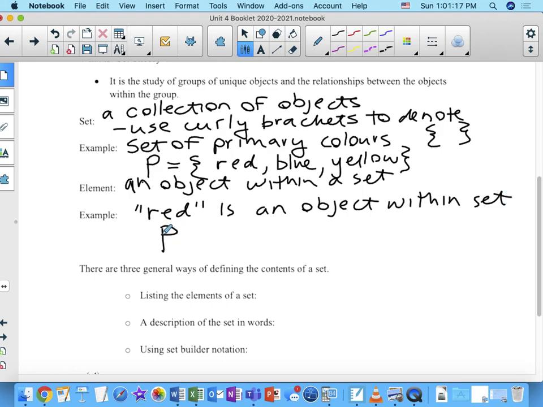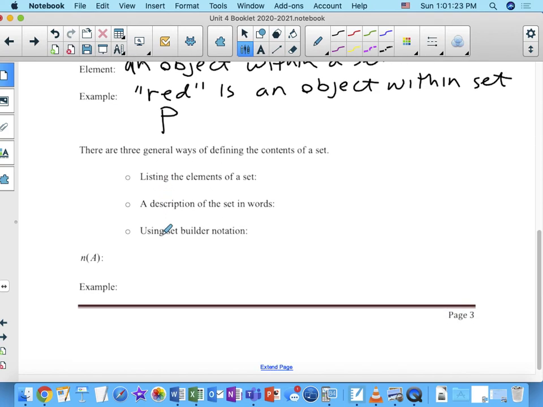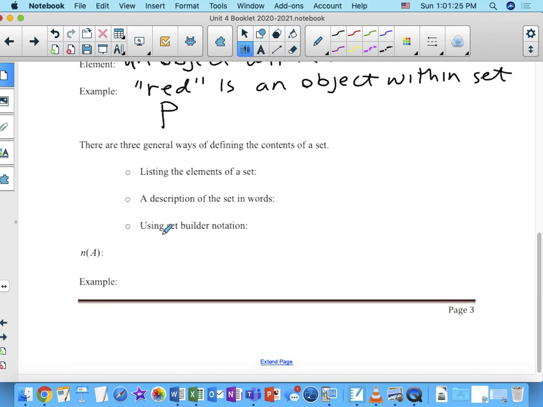Okay. Now there are three different ways that we can list a set or list the elements of a set. Okay, so let's say, for example, we're using the set of faces on a six-sided die.